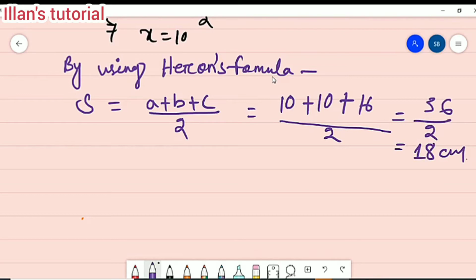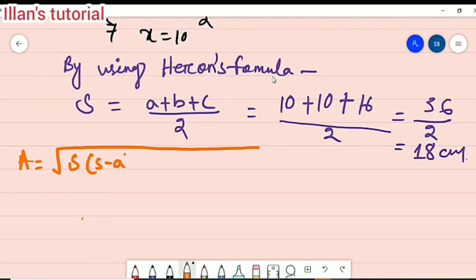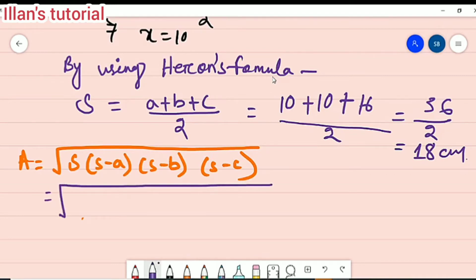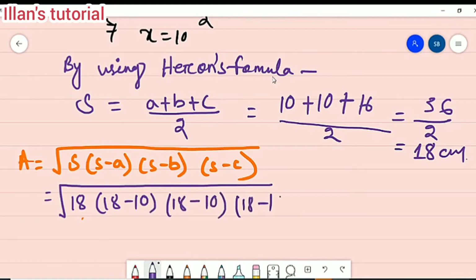Now put the formula. The formula is area equals whole square root of s into s minus a into s minus b into s minus c. S is 18 centimeter, then 18 minus 10, then 18 minus 10, then 18 minus 16.